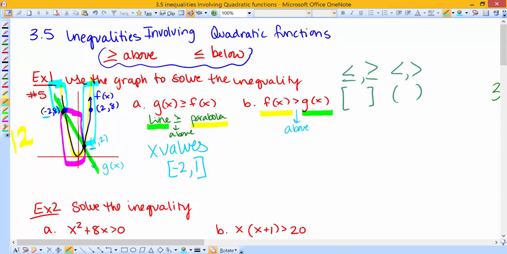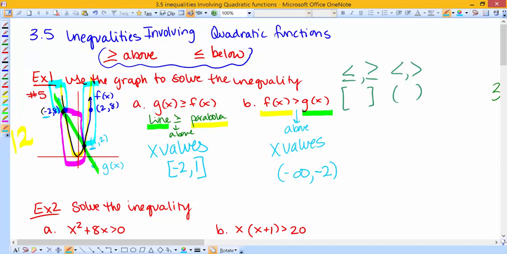So again, x values. These arrows are going to the left. That is negative infinity, with a parenthesis. And it is going to the x value here, which is negative 2.